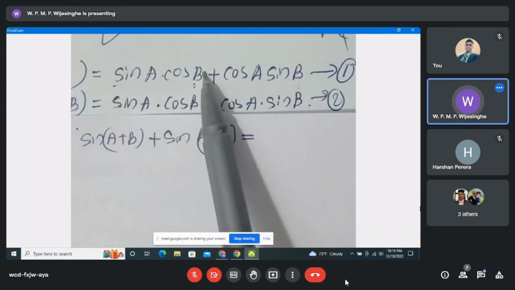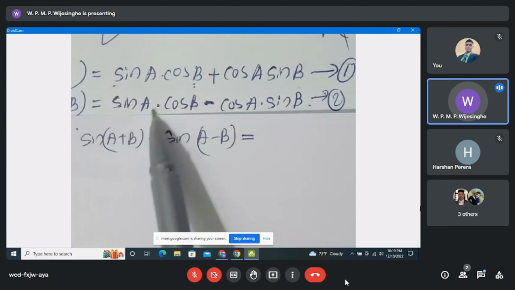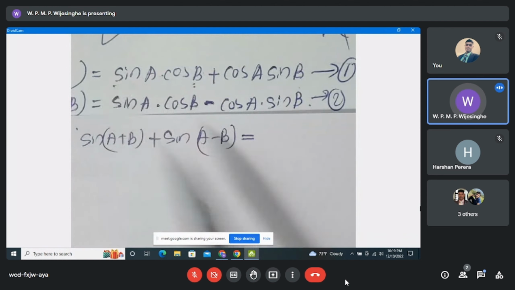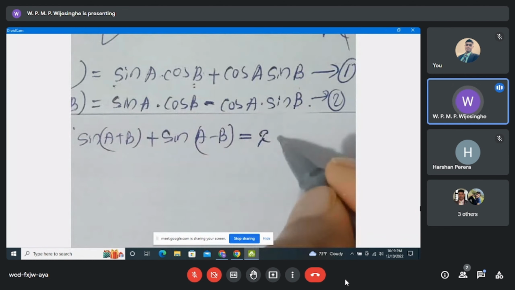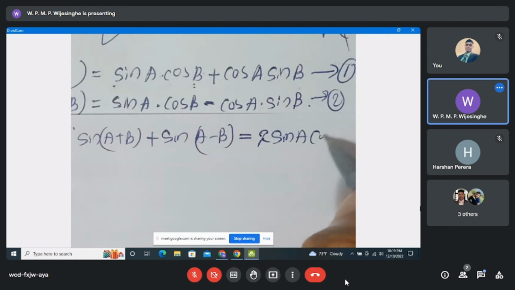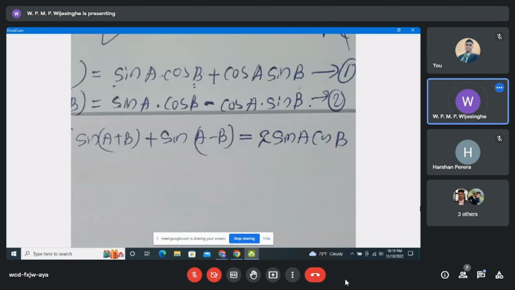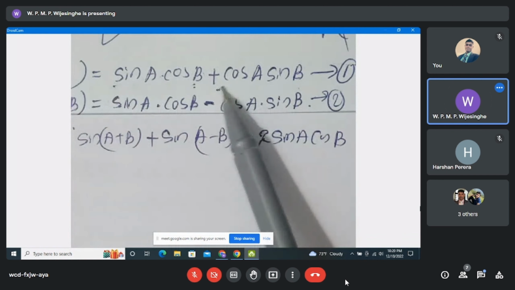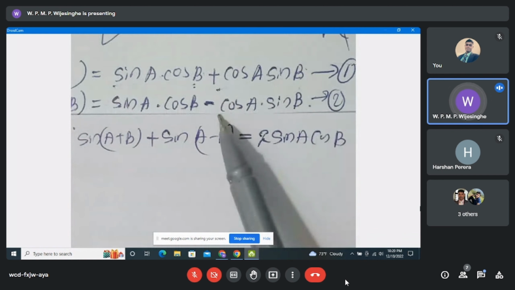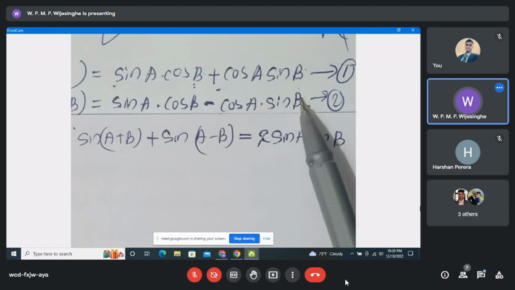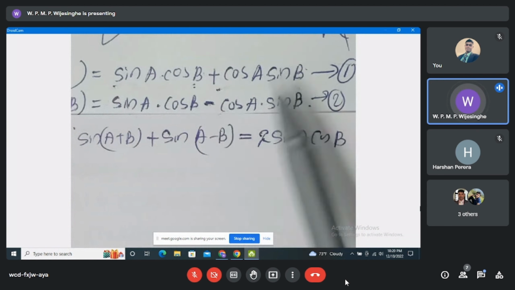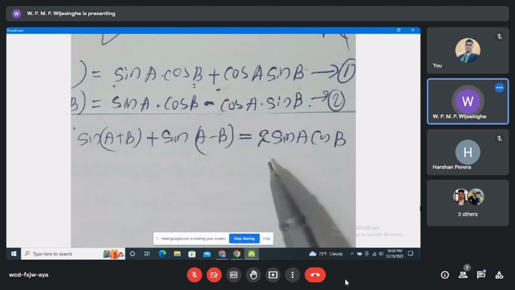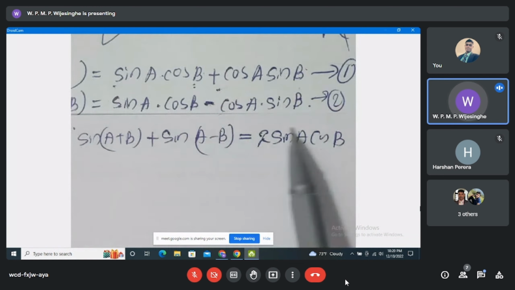Sin A cos B, here also sin A cos B. Both are positive. Then it should be added. Then 2 sin A cos B. Right? Then here cos A sin B. Here also cos A sin B. Right? But here it is negative. Plus minus, the addition is cancelled. Then the answer is this, right?